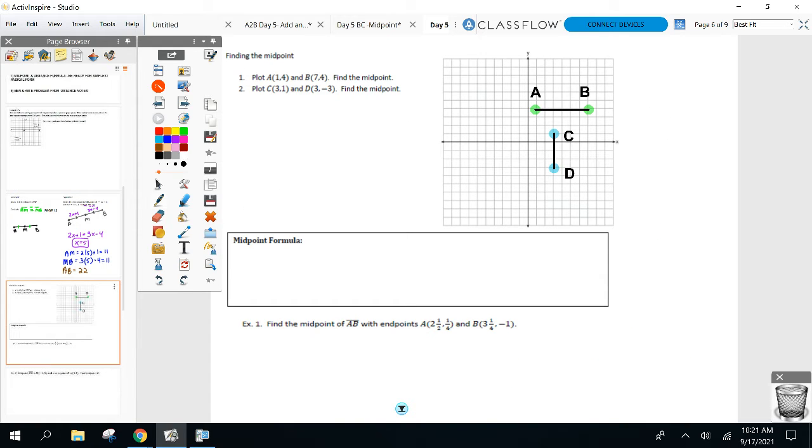So go ahead and graph AB for me. Can you find the middle of it? Okay, here we go. Find the middle. Find the midpoint.